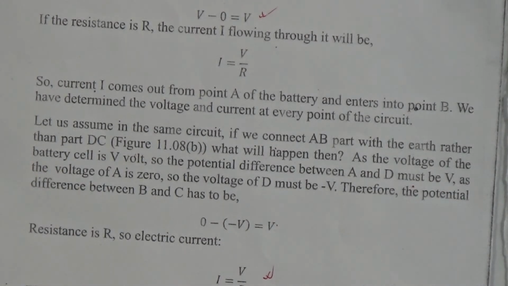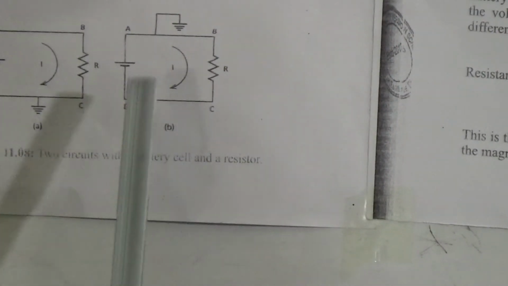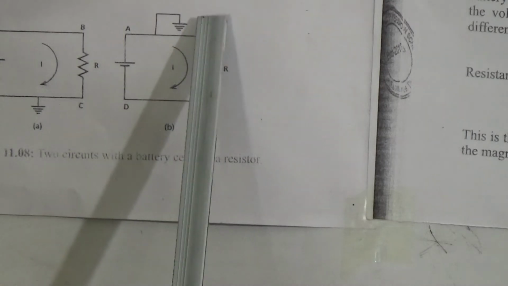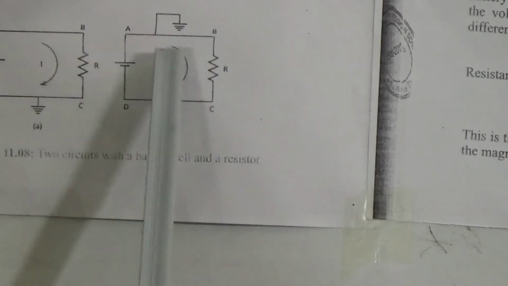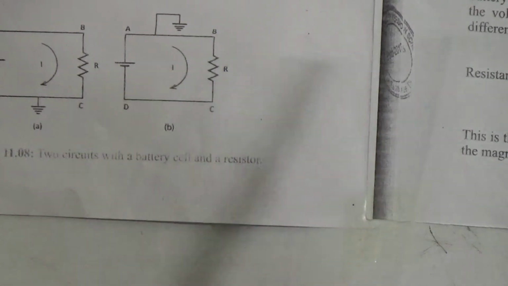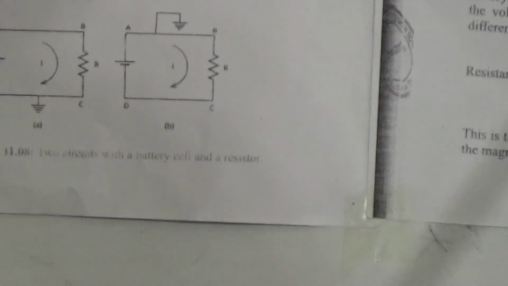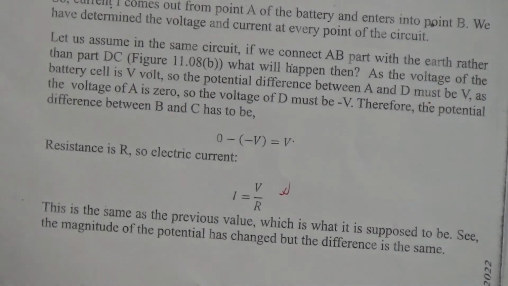As the voltage of this battery cell is V, the potential difference between A and D must be V, and as the voltage at A is 0, the voltage at D must be minus V. Therefore the potential difference between B and C will be 0 minus V, that means V in magnitude. So the electric current I equals V by R. My dear students, now come to the next page.